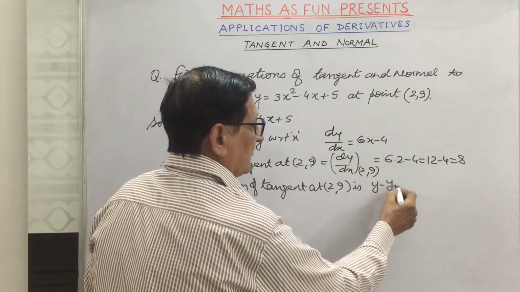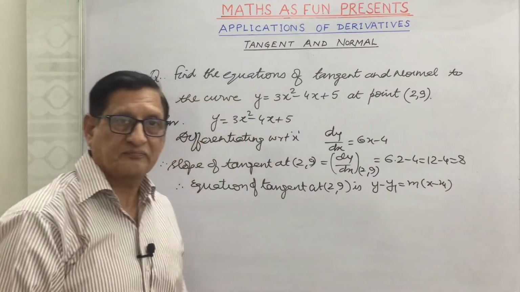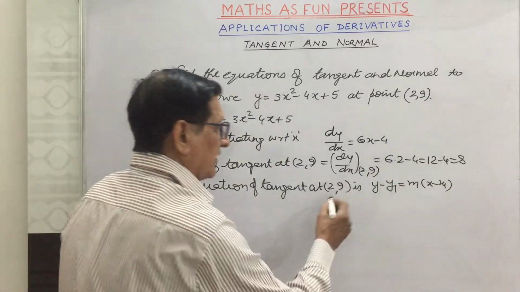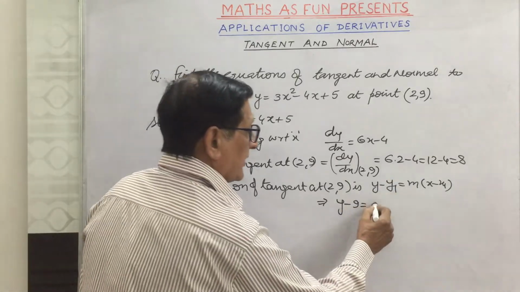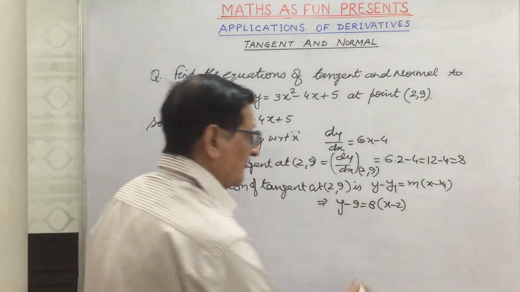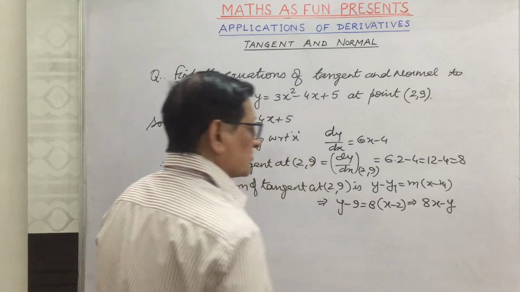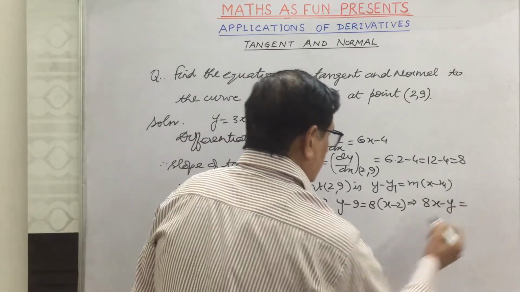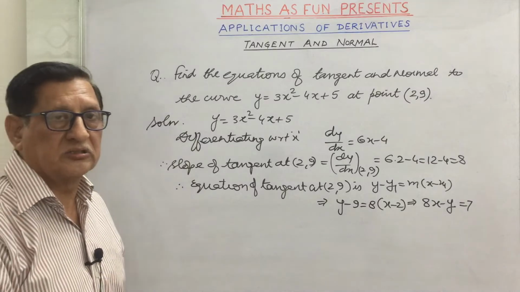We have the formula y minus y1 equal to m into x minus x1. Substituting these values, we get y minus 9 equal to 8 into x minus 2. And when we simplify it, we get 8x minus y equal to 7. This is the equation of the tangent.